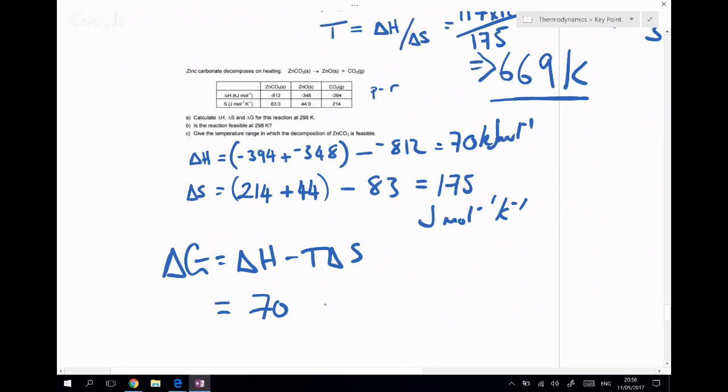Or I'll do it the other way just to show you that it can be done either way, it doesn't matter. Minus 298 multiplied by 175 times 10 to the minus 3. So what I'm doing there is converting joules to kilojoules per mole. In doing that, we then get a value.